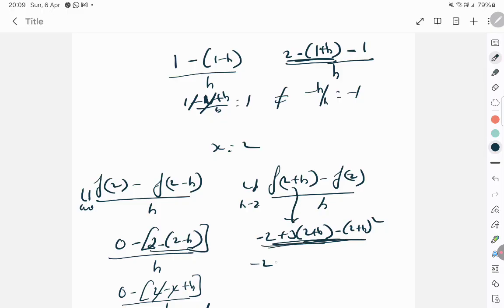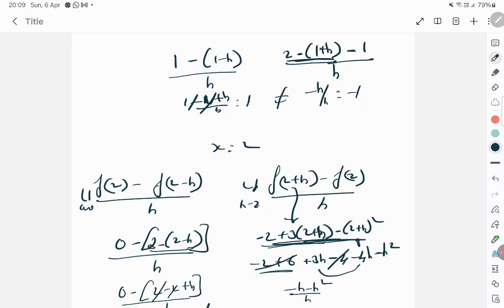Minus 2 plus 6 plus 3h minus, let's expand this, 4 plus 4h, will become minus 4 minus 4h minus h square. So let's solve it. This is plus 4 and minus 4 gets cancelled. This is minus h square, isn't it? By h.